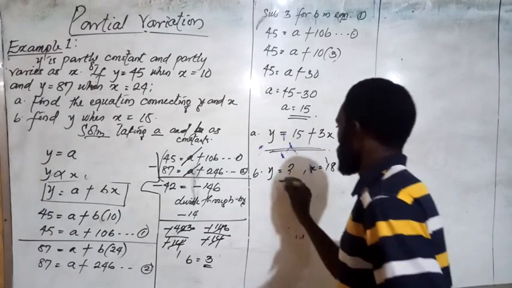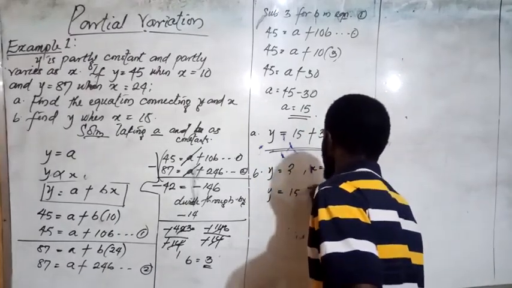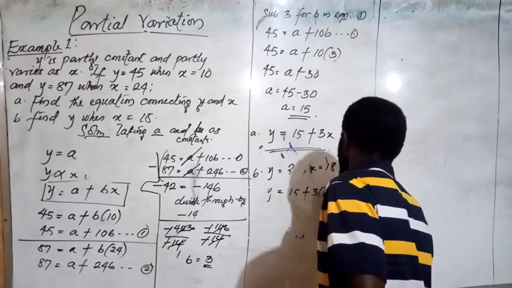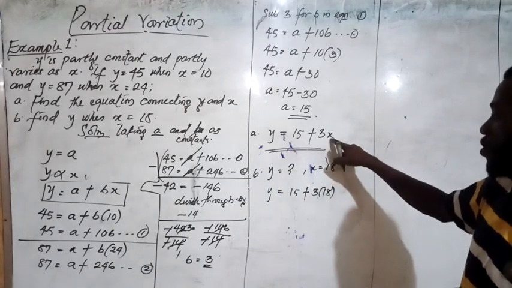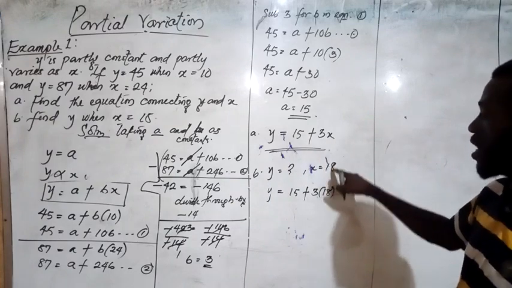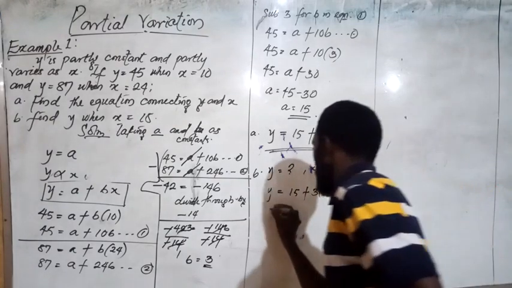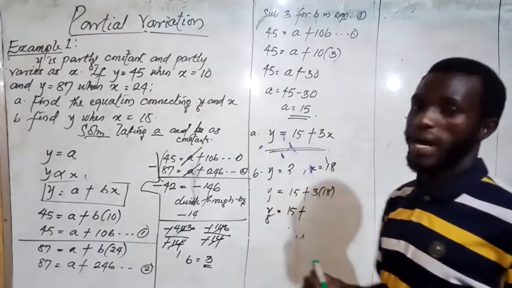So of course what we're going to have is y equals 15 plus 3 open bracket 18. Our equation has 3x, so we just plug in the value of x, which is 18. So we have y equal to 15 plus 3 by 18.